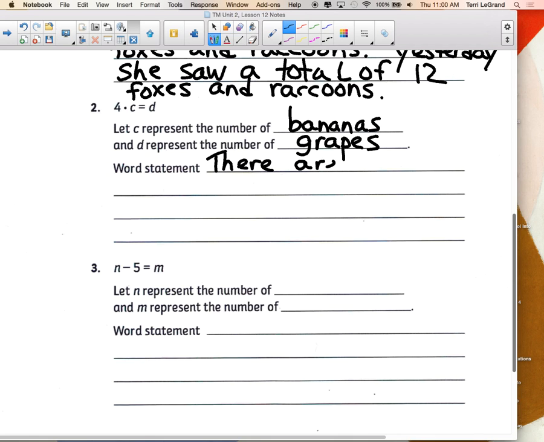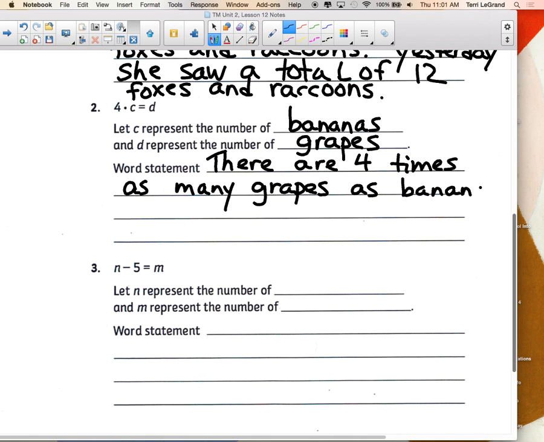There are 4 times as many, what was it, grapes or bananas? 4 times as many grapes as bananas on Kira's counter. Okay, that's enough. Don't forget to write it.